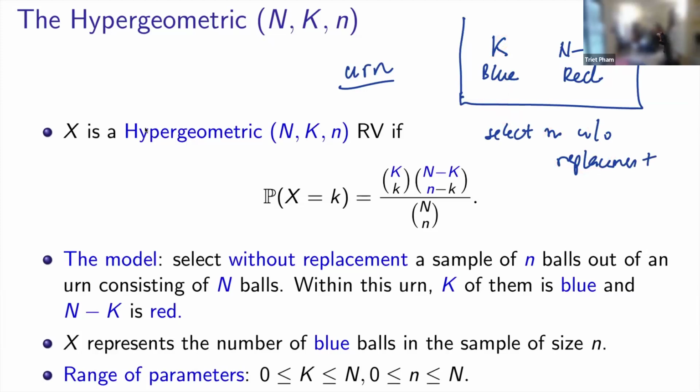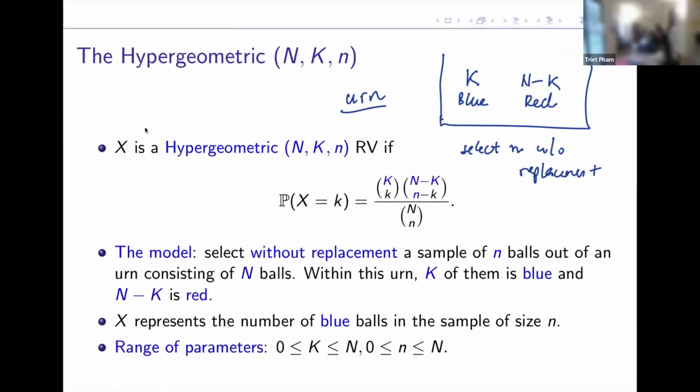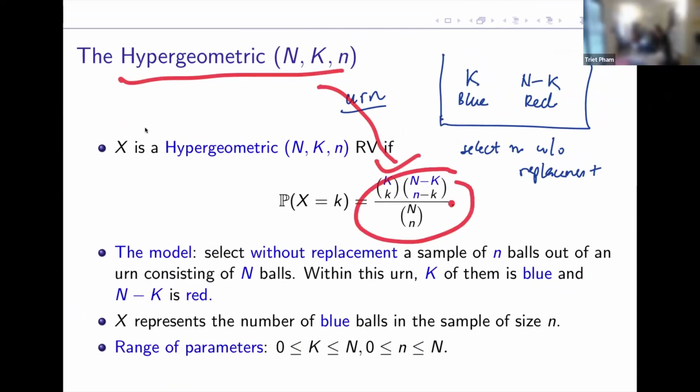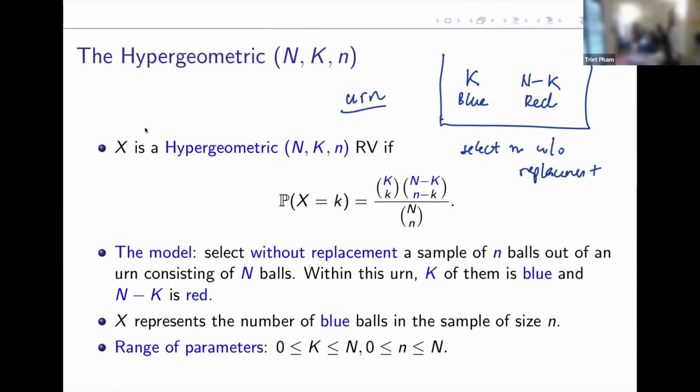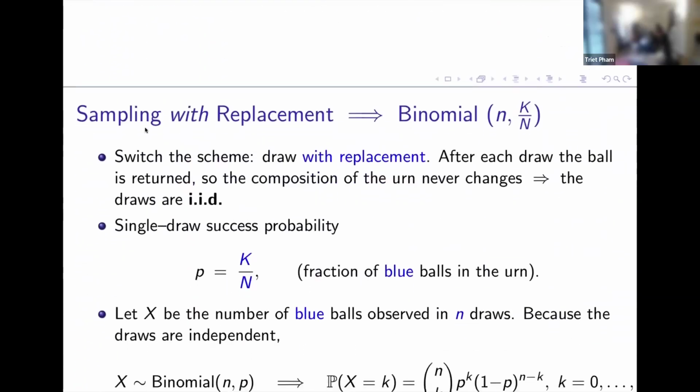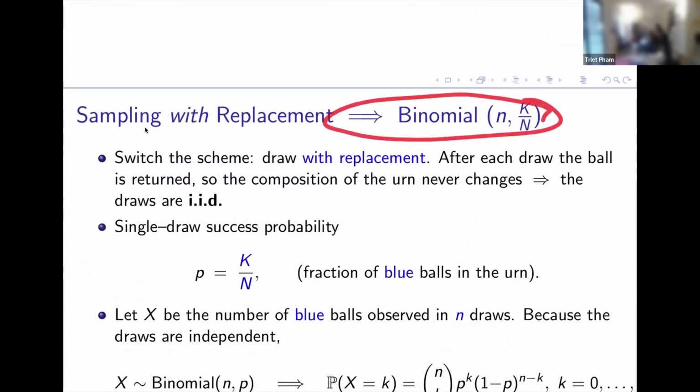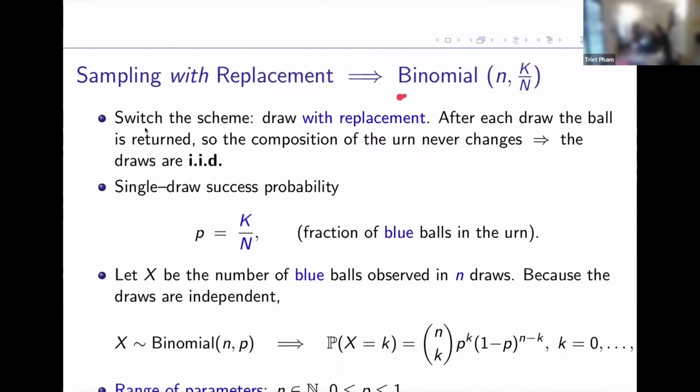And so the hypergeometric might seem very mundane. In its own story, it's interesting, but why? The answer is that there is its close cousin, the binomial that we just talked about.